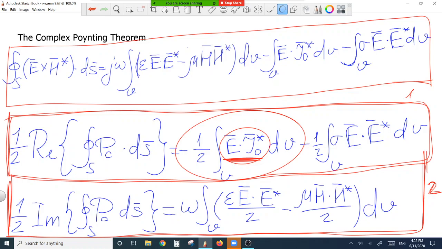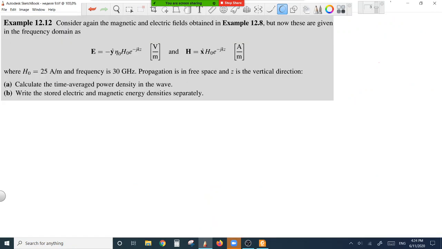Well, let's see one example. Consider again the magnetic and electric fields obtained in example 12.8, but now given in the frequency domain as E equal to minus y eta 0 H0 e to the power of minus jkz, and H equal to x H0 e to the power of minus jkz, where H0 is given and frequency is given, propagation is in free space, and z is the vertical direction.